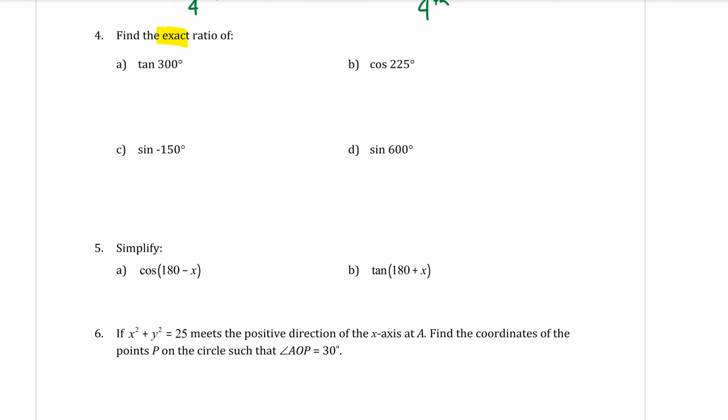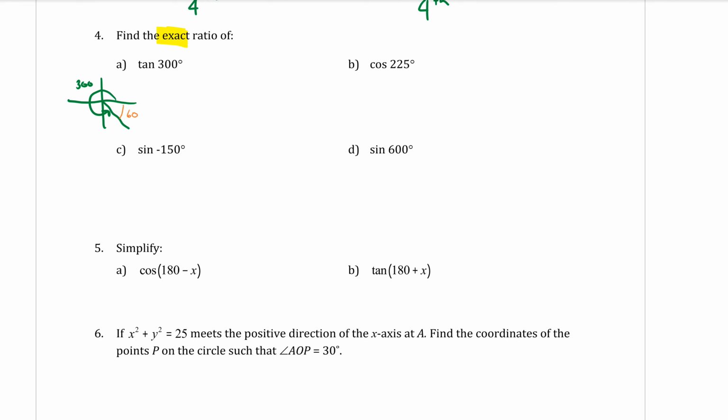So for tan of 300, I'm going to be drawing a lot of these diagrams in this topic. 300 degrees is about there. Like we've already practiced, we want to find the acute angle, the reference angle. So doing 360 minus 300, I would find out that that angle in there is 60 degrees.